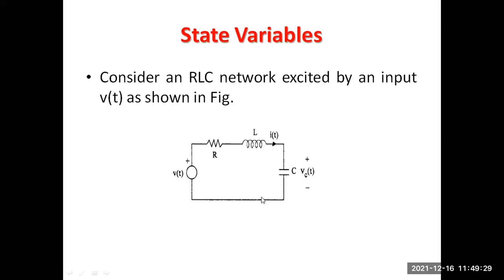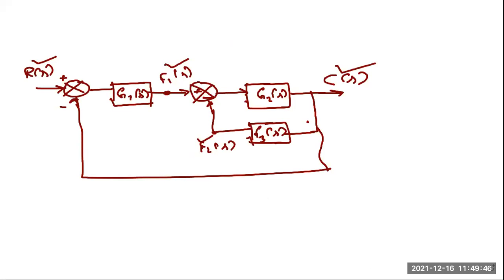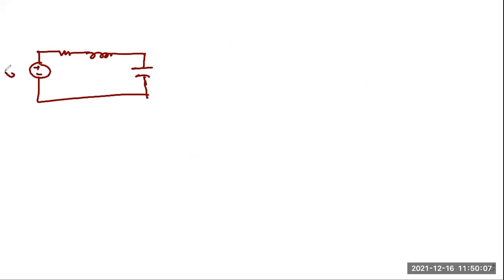All of you know that. Can you write the loop equation for this? Anyone? Because this is a very basic concept. A simple RLC circuit: this is R, this is L, and this is C, supplied from a source v(t), with plus and minus terminals.